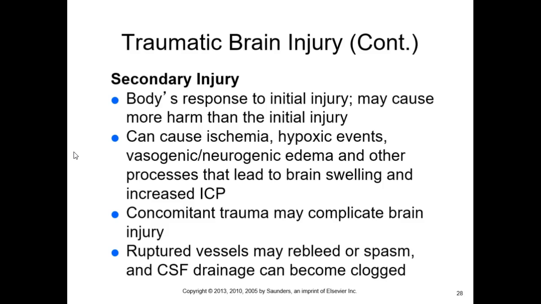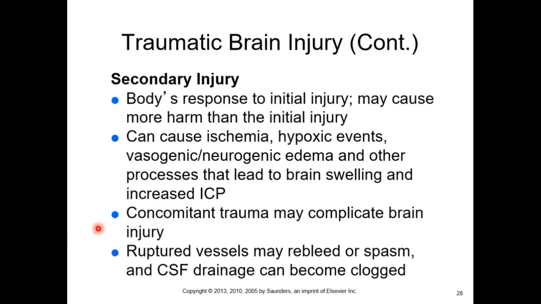Now again, there's our initial injury, and then there's our secondary injury, our body's response to the initial injury. You can have ischemia, you can have hypoxic events, you can have edema, you have increased ICP. Those blood vessels can rebleed, they can go into spasm.